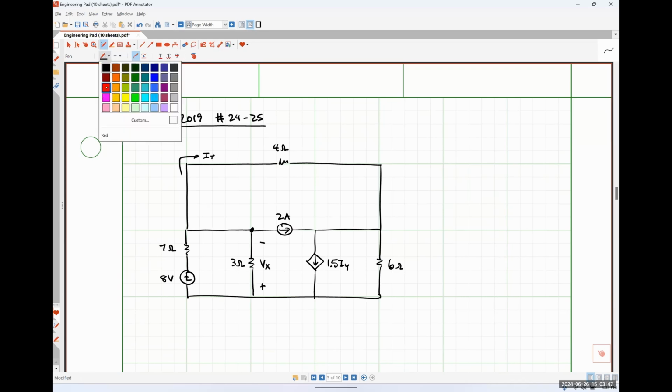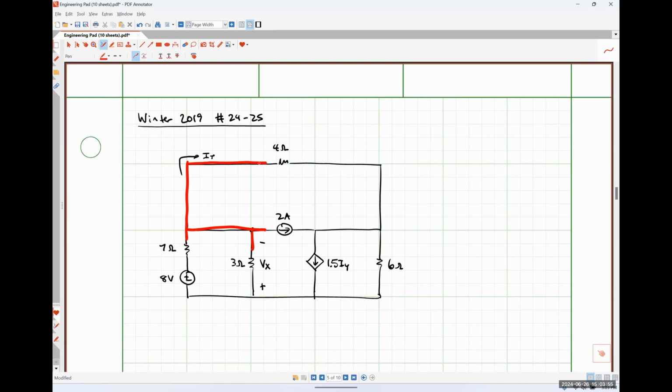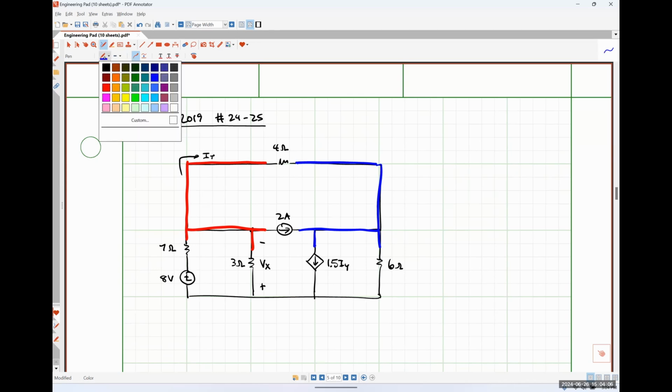If I identify my nodes, I have this one node right here on the top left. I have this node on the top right. I have this node on bottom.